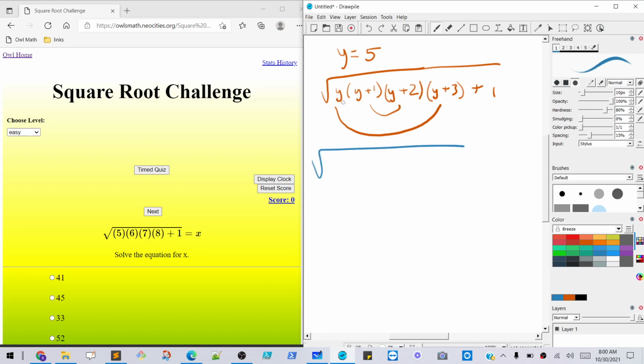So doing that, first we'll get y squared plus 3y for the first piece. And then this middle term here, boiling it out, we'll get y squared plus 3y plus 2. And finally we'll have 1.